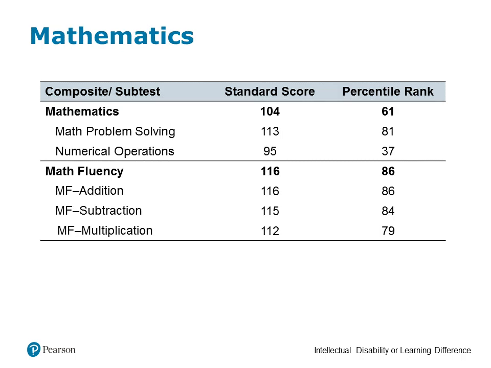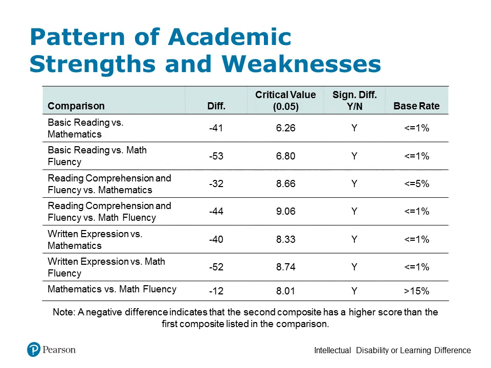And when you look at math, notice that consistent with his own report and consistent with the grades that he was earning in lower grade levels, notice that his scores for math are at least within the average range. His math fluency is within the high average range. So again, you're thinking about a pattern. Are you seeing a pattern of academic strengths and weaknesses?